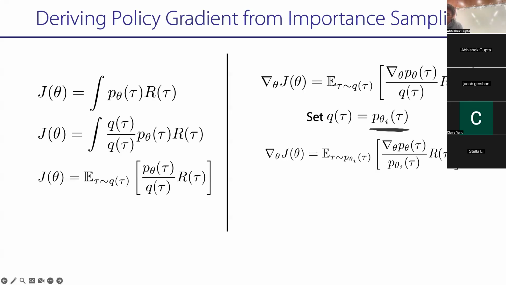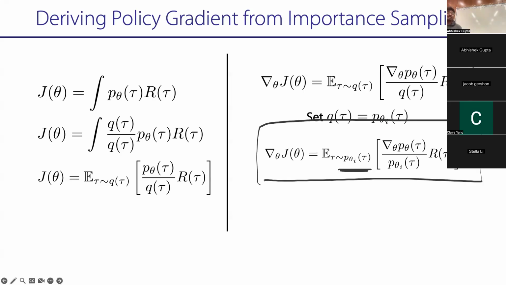We get the expectation with tau coming from p theta I of tau, of the gradient of p theta by p theta I of tau, times r tau. This is the gradient of our importance sampling objective. All we did is take the gradient all the way inside, and then set q tau to the data from the current iteration.